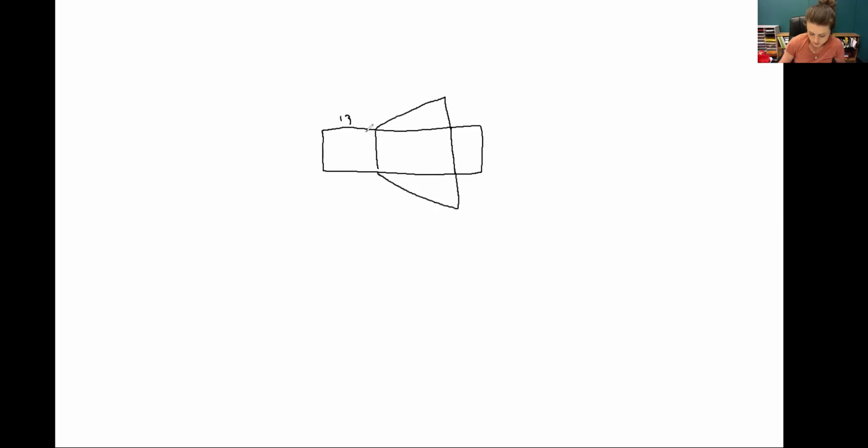So 13 there, this is 12, this is 13, this is 5, which means that also has to be 5. This is 8, and then I know this down here is going to be 12, this is also going to be 13, this is also going to be 5, this is 8. I'm just filling all these in so I know what they are. 8, 8, 13.